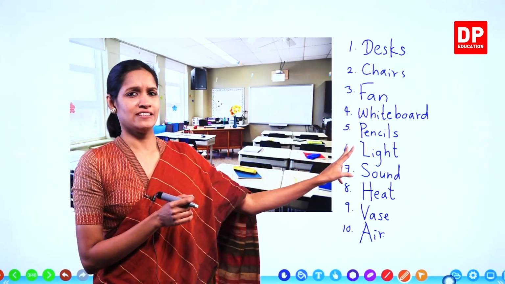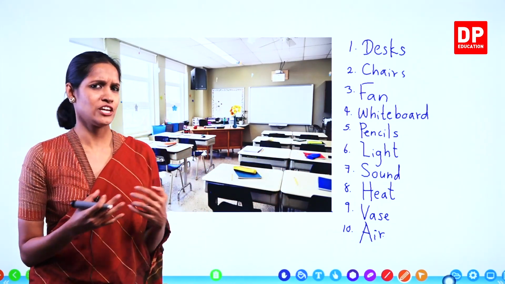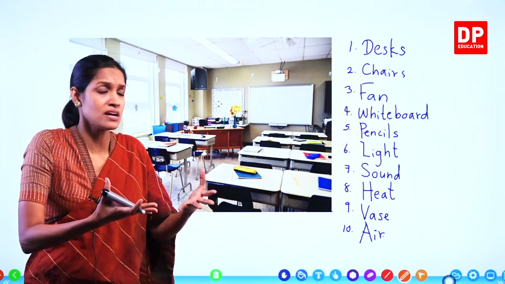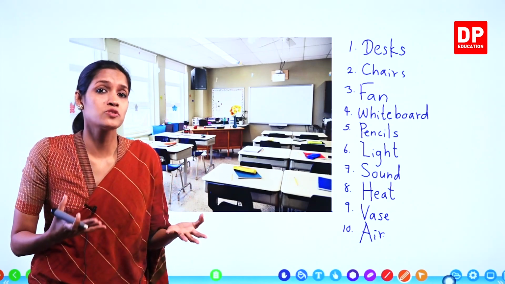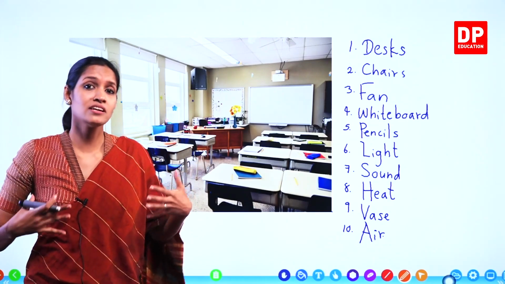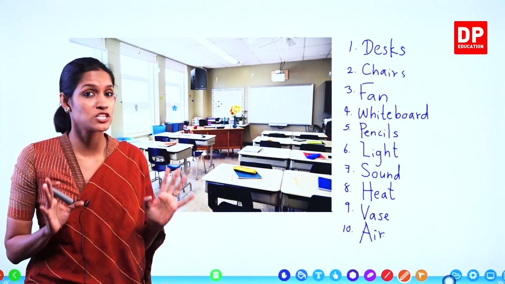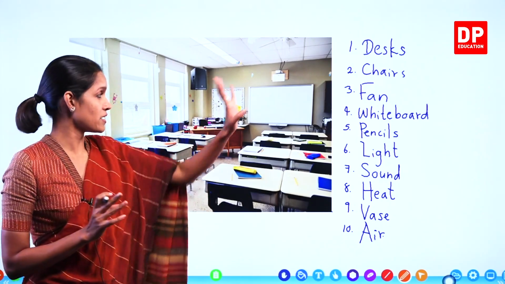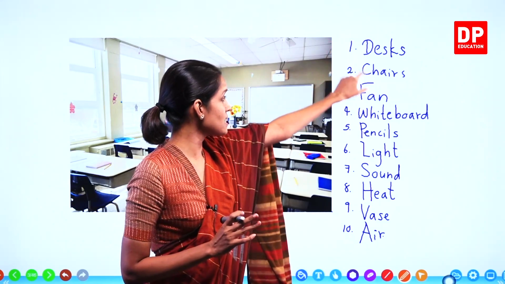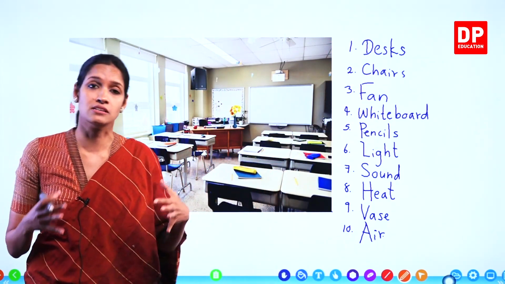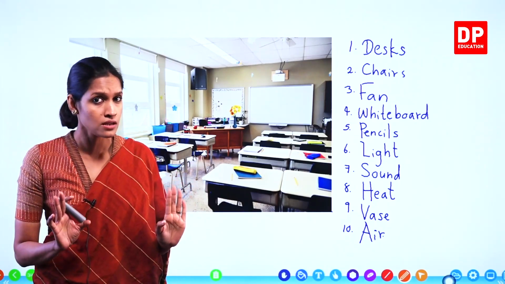What about light, children? Is light heavy? Does it have a mass? Can you measure the mass, like 100 grams of light, 500 grams of light, 1 kilogram of light? Can you measure like that? We can't measure the mass of light. But if you measure the mass of all these things like desks, chairs, pencils, we can measure the mass in grams or kilograms, right?